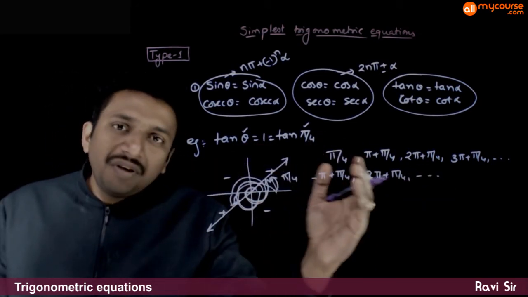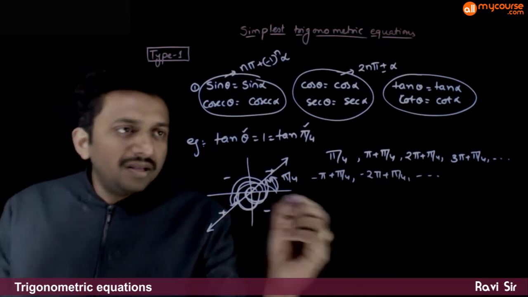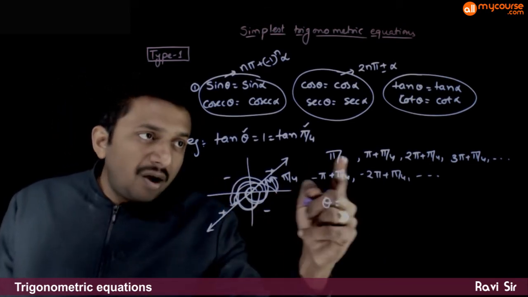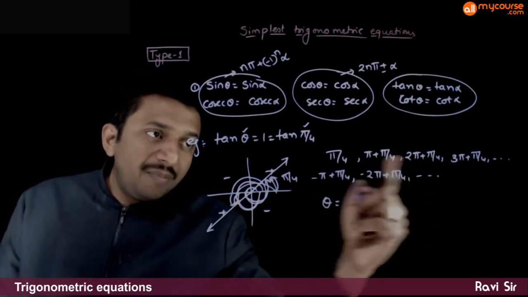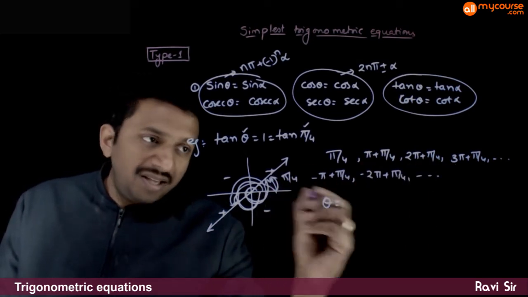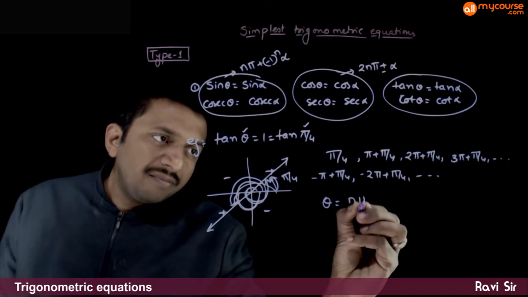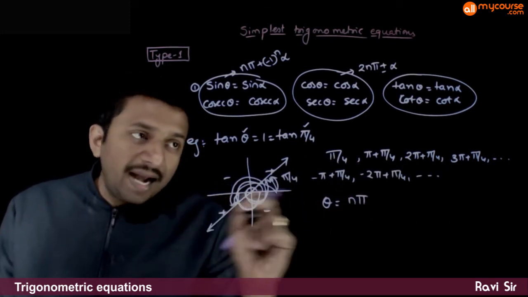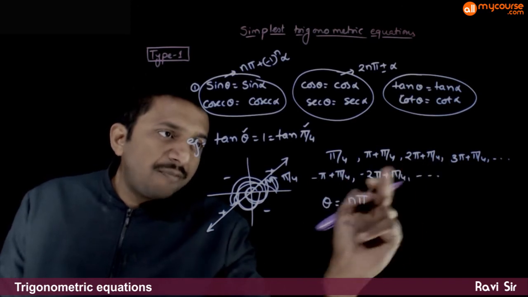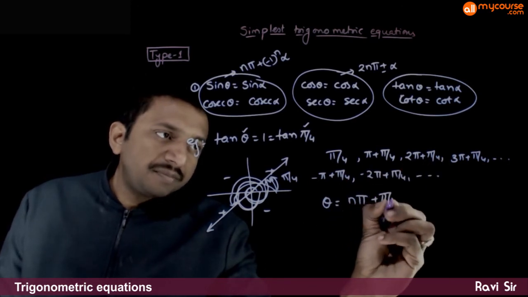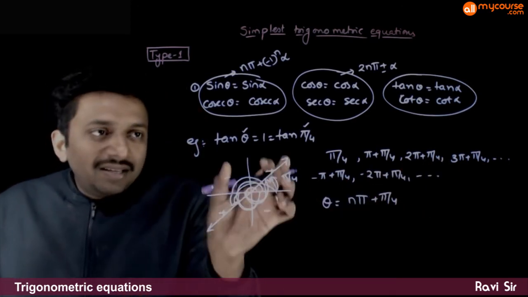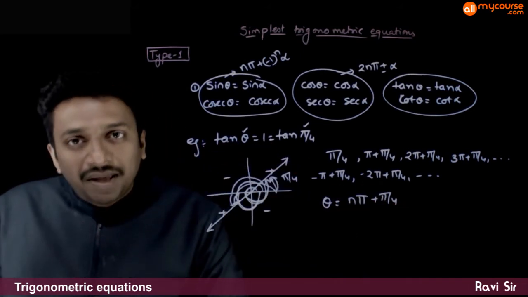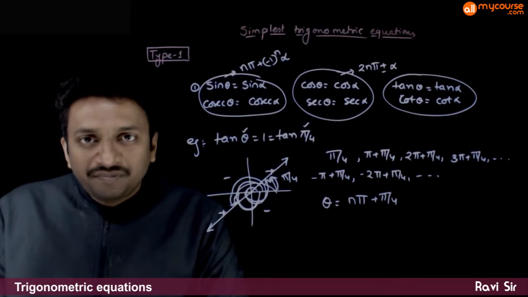So is there a general way to express all these solutions? I can write theta is equal to, you can see all integer multiples of pi are being seen here. So you have n pi. This time you don't need even multiples, you need all multiples. And with each of them you just have plus pi by 4 here. So I can write the general solution of tan theta is equal to 1 as theta is equal to n pi plus pi by 4.